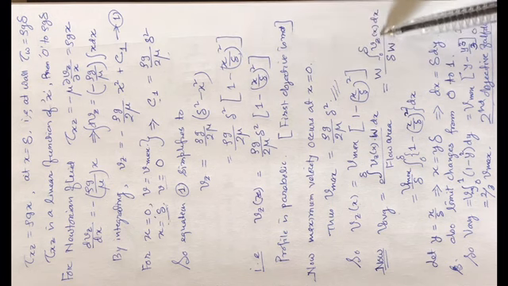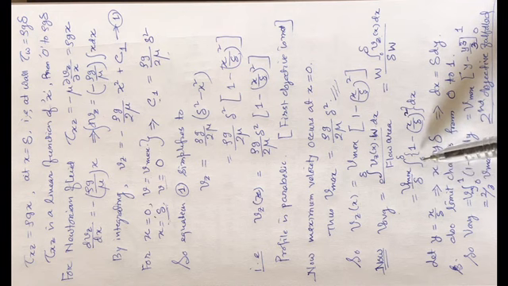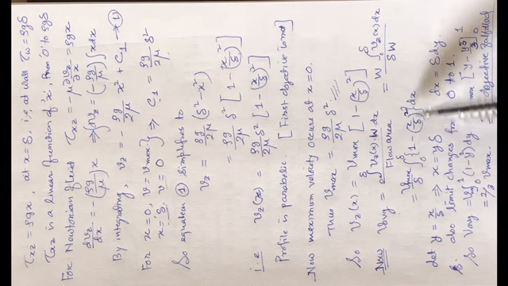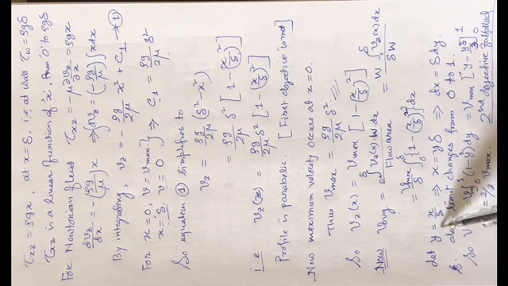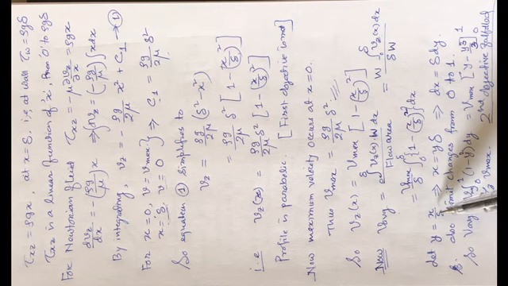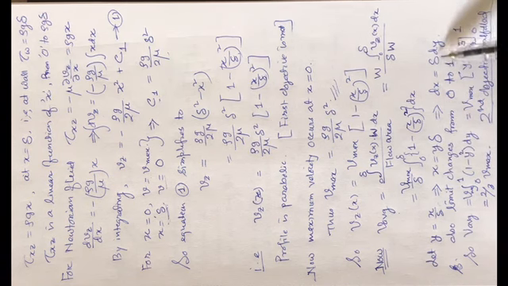Then we get the expression for Vz, which needs to be integrated: V maximum by thickness into the integration of this particular term. Let us simplify by defining a new variable y equal to x by thickness. Wherever x is there, we substitute this term, and similarly wherever dx is there.